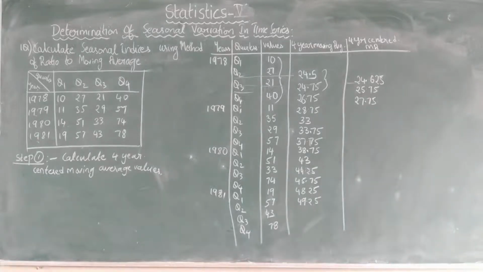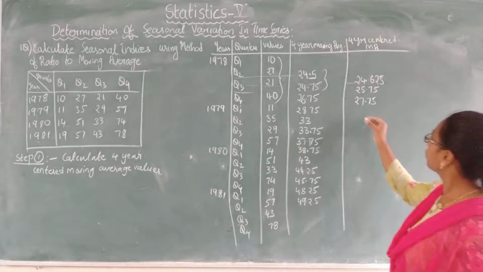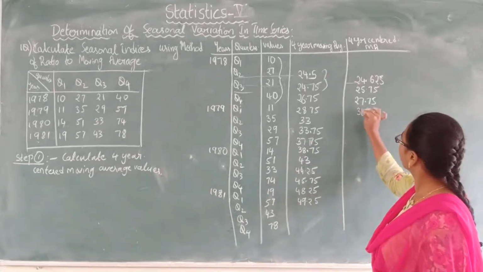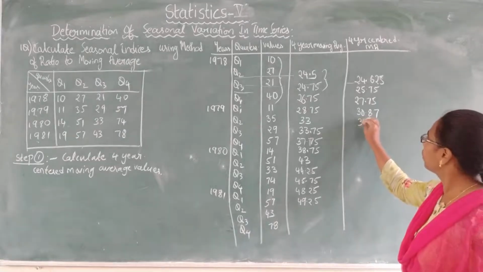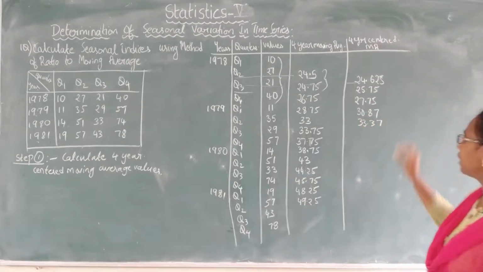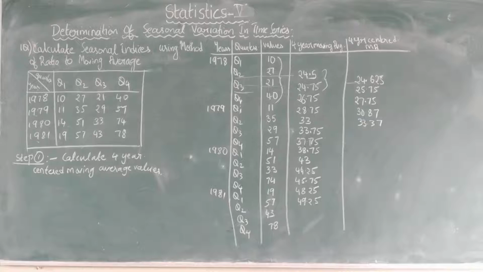Next, 28.75 plus 33 divided by 2, you will get 30.87. Next, 33 plus 33.75 divided by 2 is 33.37. Next, 33.75 plus 37.75, you will get 35.75.